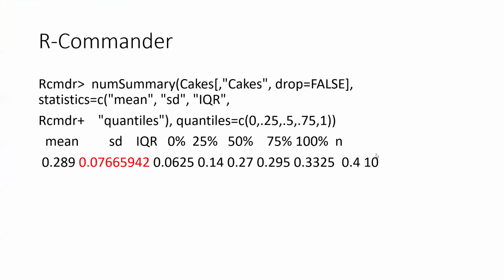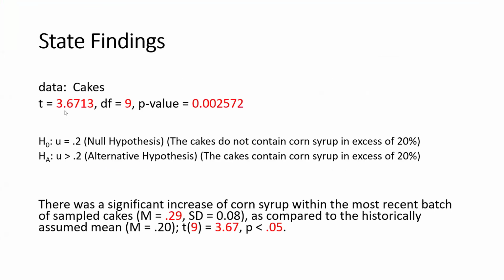So let's state our findings. Here's the t-value from the t-test. Here's the degrees of freedom from the t-test, and here's the p-value from the t-test. Here's our null hypothesis: the cakes do not contain corn syrup in excess of 20%. And here's our alternative hypothesis: the cakes contain corn syrup in excess of 20%.